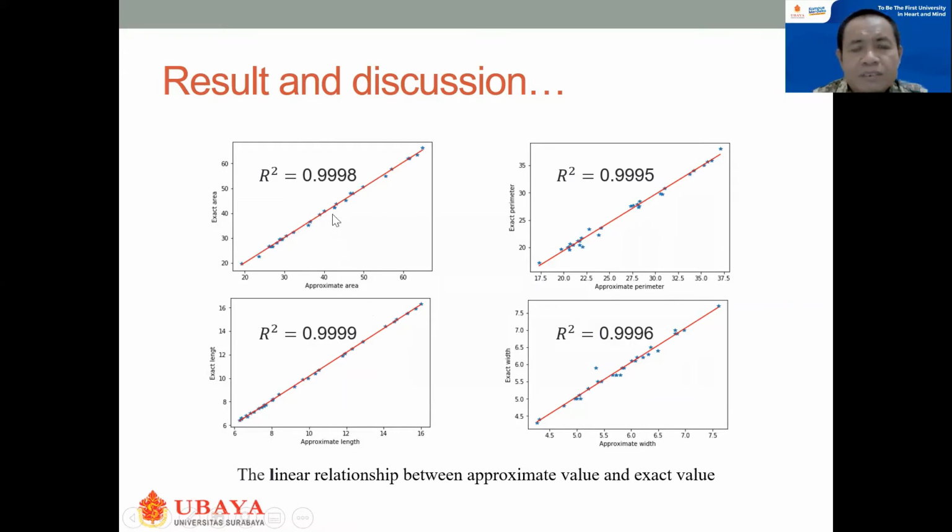The scatter between approximation and exact value is close to line Y equals X.